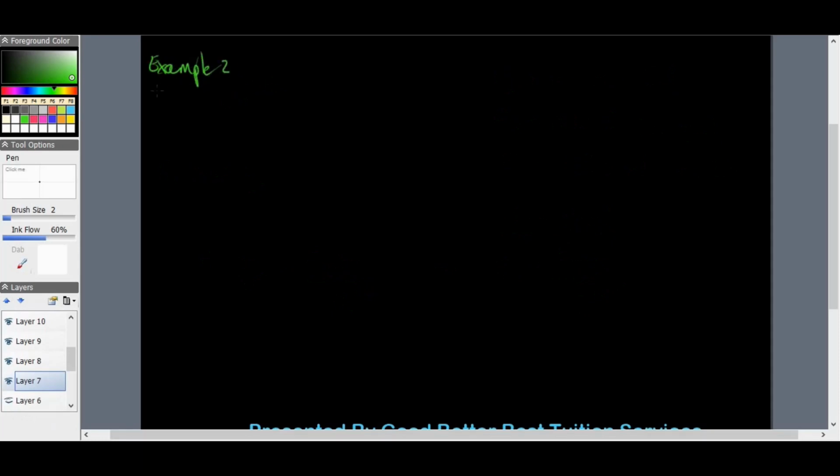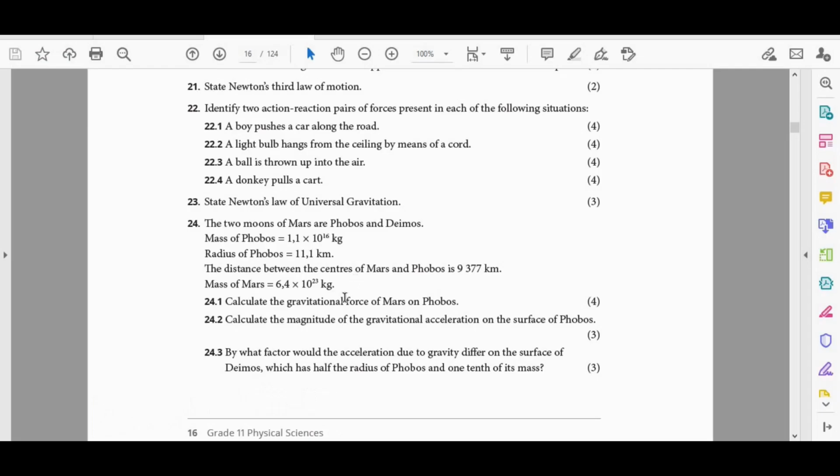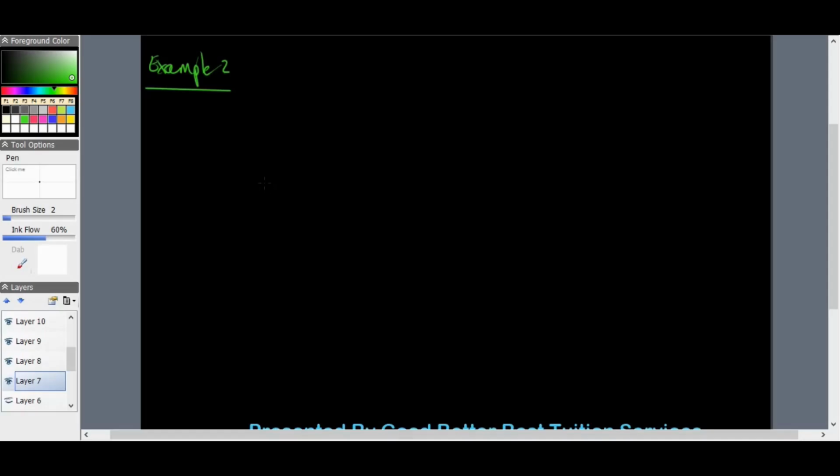Let's take an example quickly. Example 2, the same example of Mars and Phobos. Calculate the magnitude of the gravitational acceleration on the surface of Phobos, which is one of Mars's moons.